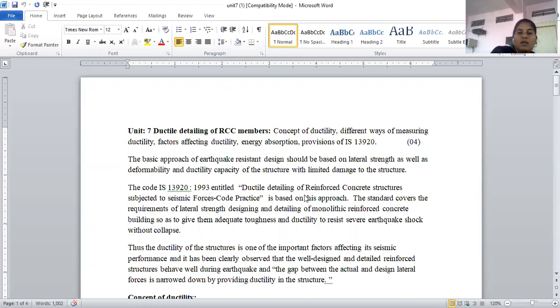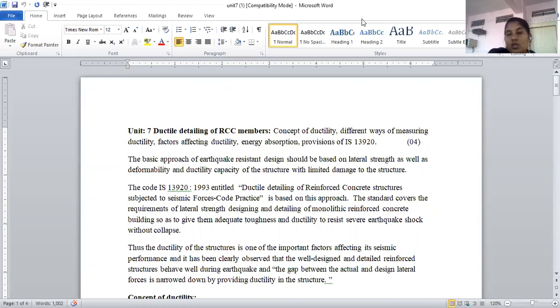The main basic approach of ductile detailing of RCC members is that by using these IS codes, we'll understand what ductile detailing is and why to go for it.